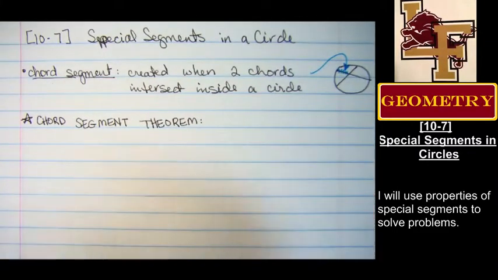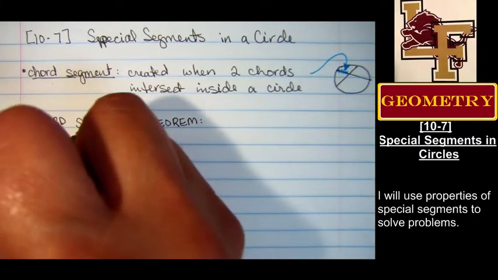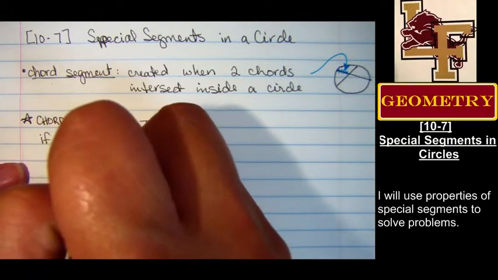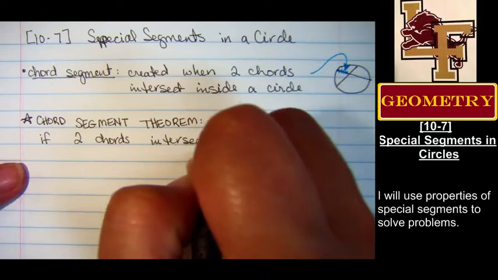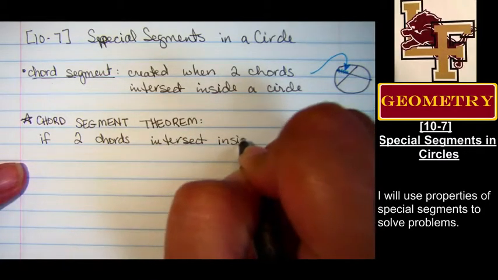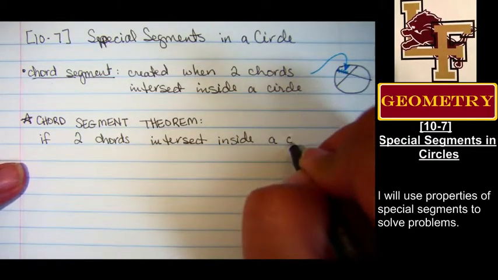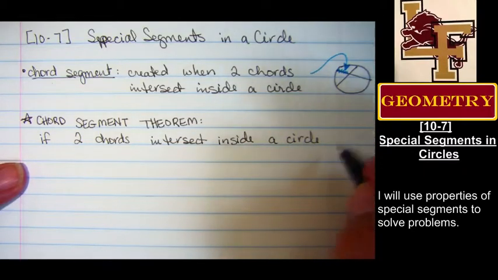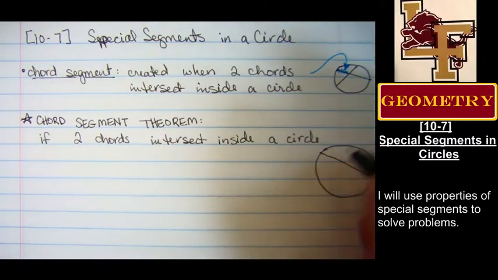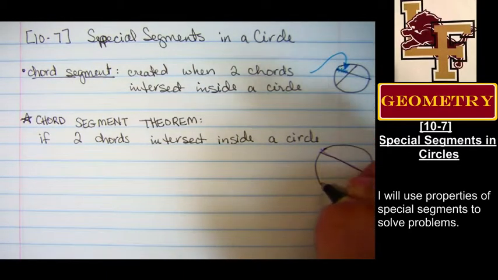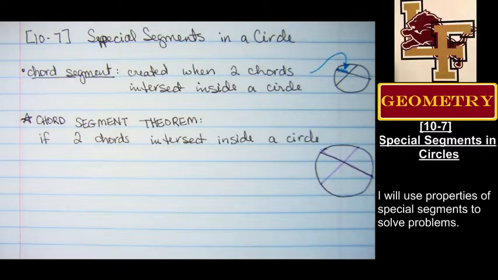The chord segment theorem says this: if two chords intersect inside a circle, meaning it looks like this, I draw with different colors, then something's going to happen.